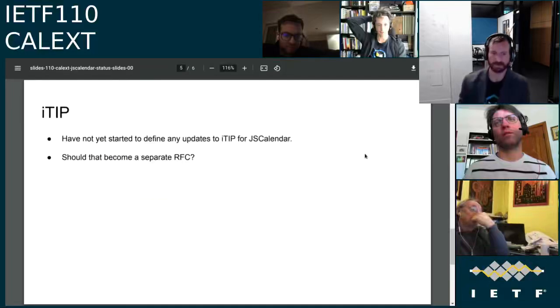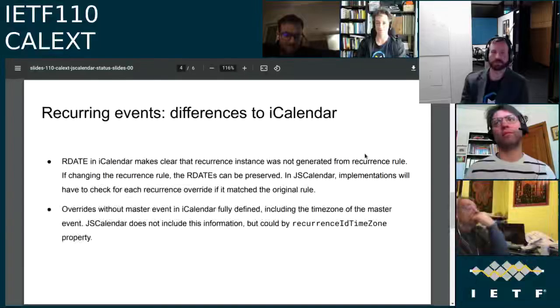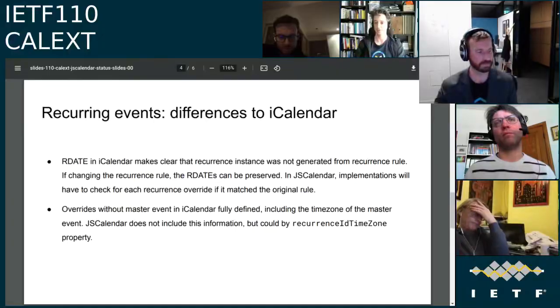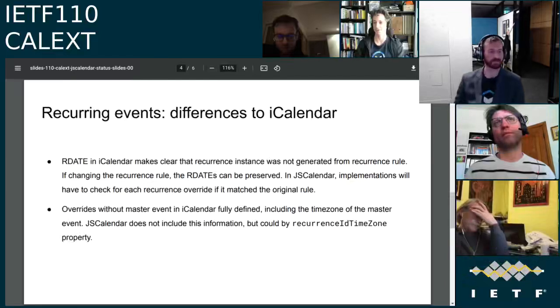And the other thing, I think this was already discussed on the mailing list, is about standalone recurrence instances of an event on the previous slide. So the question was that with a standalone recurrence instance, you don't know the time zone of the main event, which means you also don't have, for iCalendar, the necessary time zone that makes up the complete value of the recurrence ID.